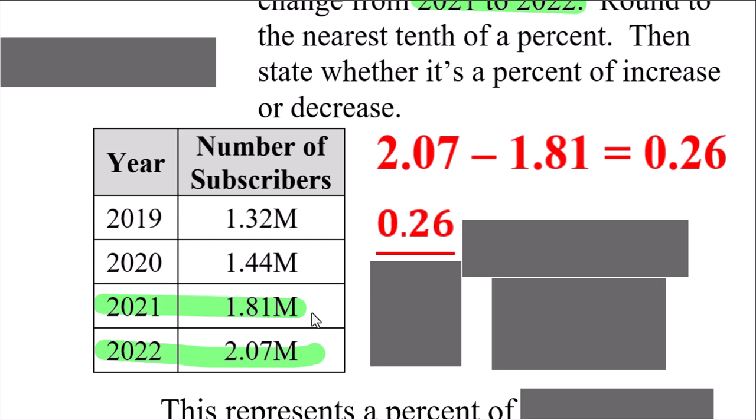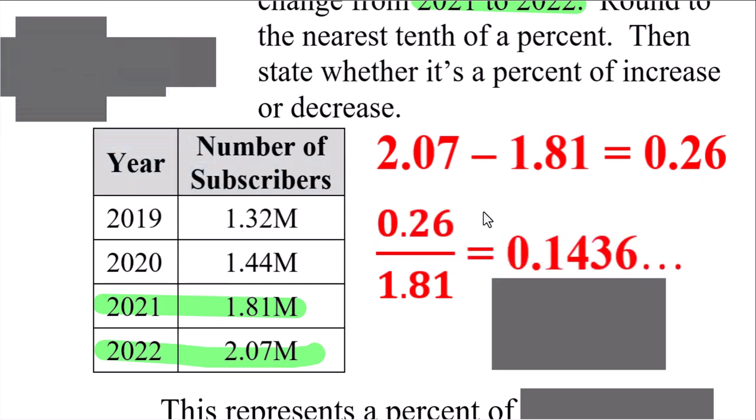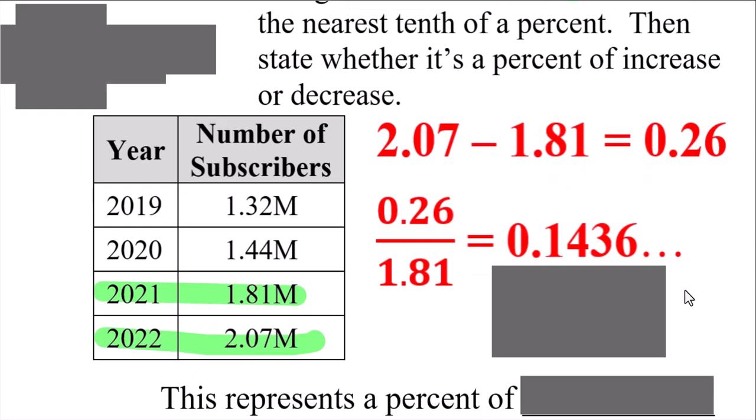We have to divide where it came from. The original amount, not 2019's original. We're not talking about that. We're going from 2021 to 2022. So 1.81 is the original amount in that situation. Divide, you will get 0.1436, and so on. Directions say to round to the nearest tenth of a percent.